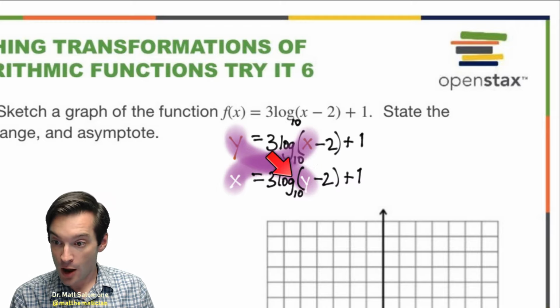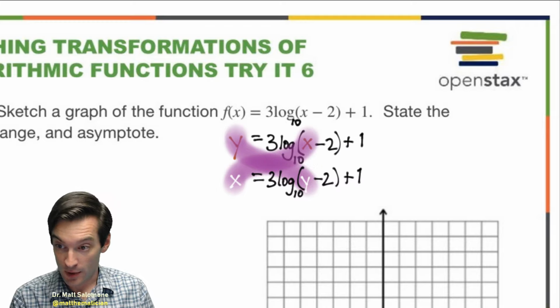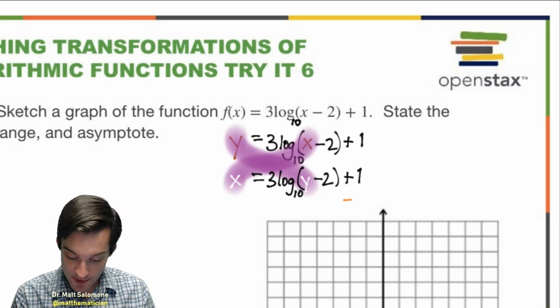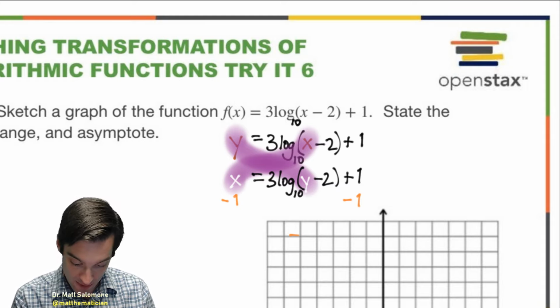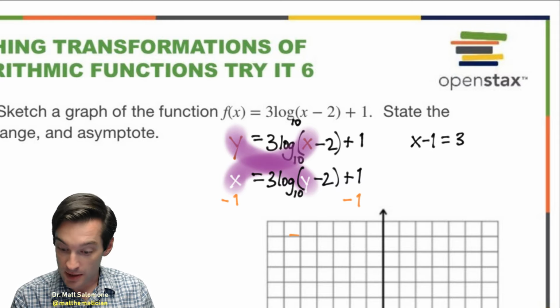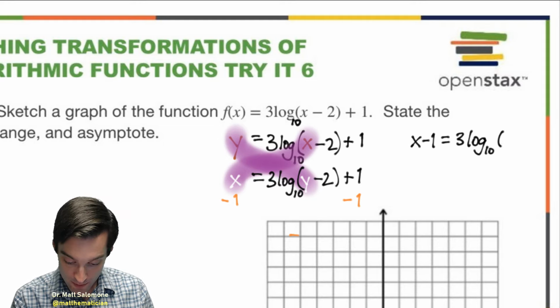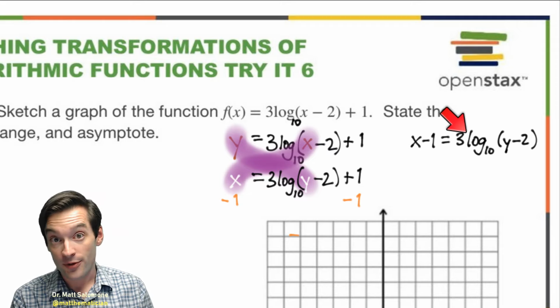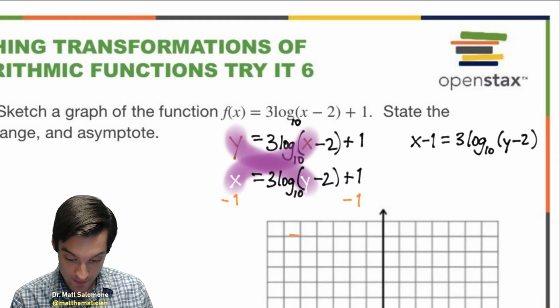So I want to get this log expression by itself on one side of my equation. And that we know how to do just using the basic principles of solving an equation in algebra. I'm going to subtract 1 from both sides. And subtracting 1 from both sides is going to give me x minus 1 is equal to 3 times the base 10 log of y minus 2. Then I want to divide both sides by 3 to move this 3 out of this logarithmic expression.